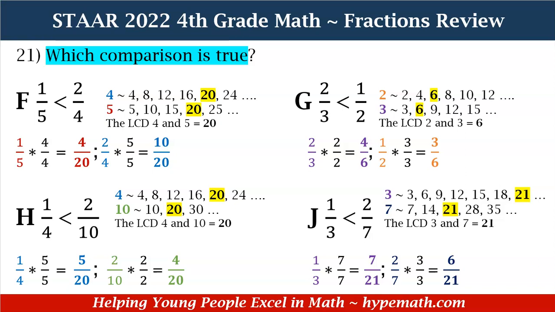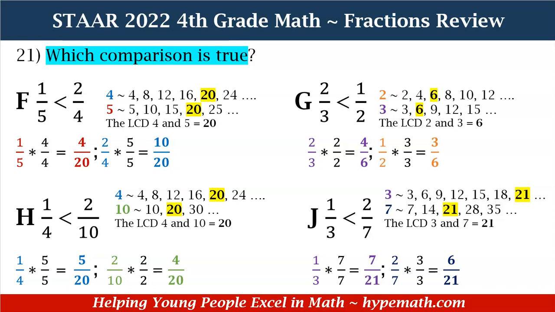It goes on for a very long time, but we just need to focus on just a few of those numbers. Now, if you notice, 2 and 3 actually have 2 common multiples: 6 and 12. But that's why we call it the LCM, or the least common multiple, or least common denominator, because we want to find the smallest number that both numbers go into evenly, and that is 6.